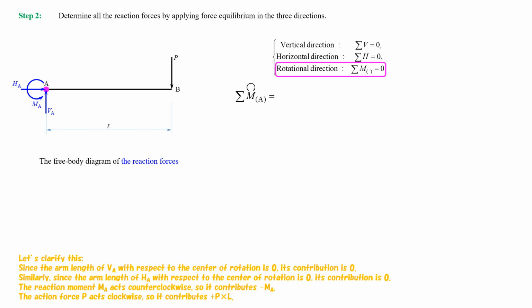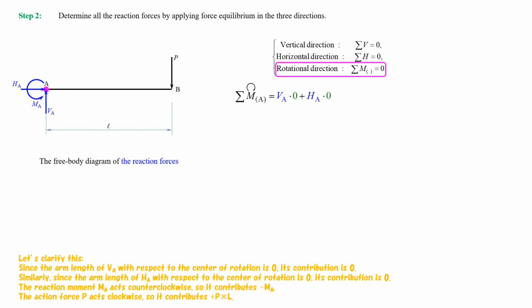Since the arm length of VA with respect to the center of rotation is 0, its contribution is 0. Similarly, since the arm length of HA with respect to the center of rotation is 0, its contribution is 0.